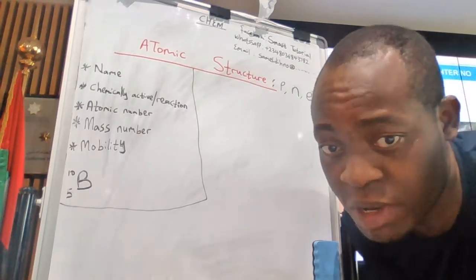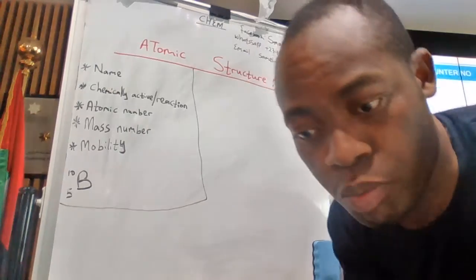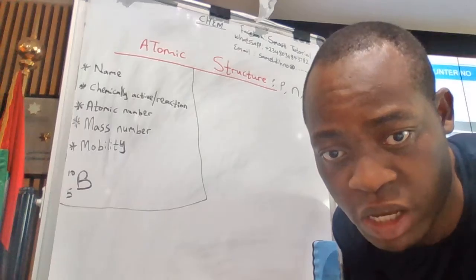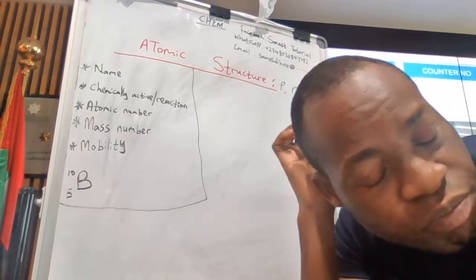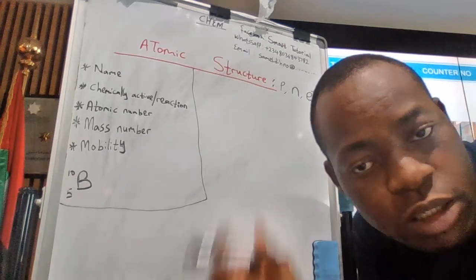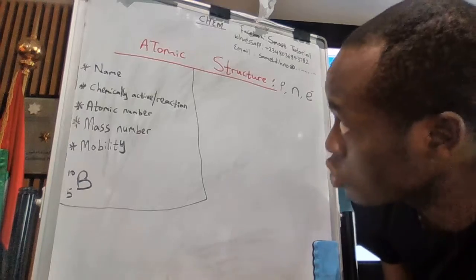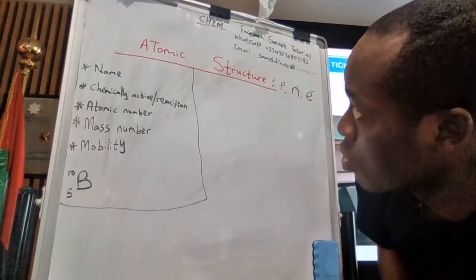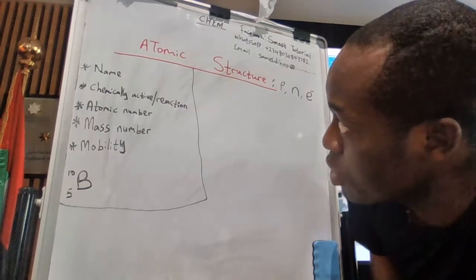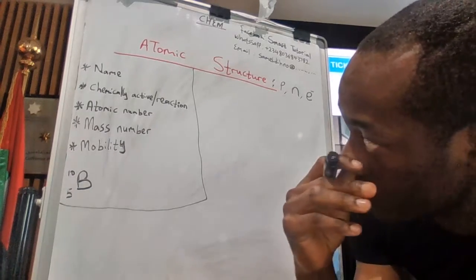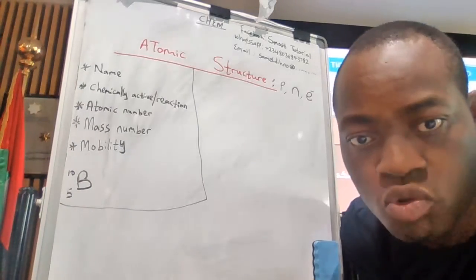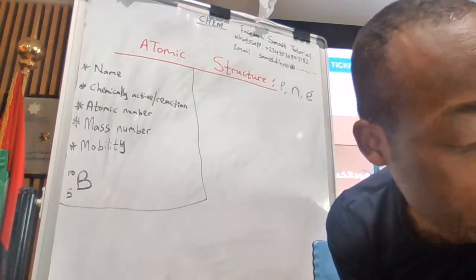This channel will always be available for you to point out the basics that will always enable you to excel in your topics. And today we'll be looking at chemistry, and the topic we are looking at today is atomic structure. Under this topic, we'll be pointing out some basic things that you need to know as a student if you want to understand chemistry better.